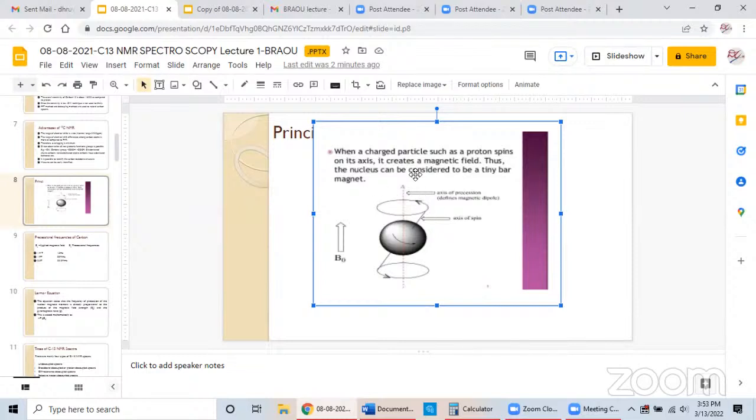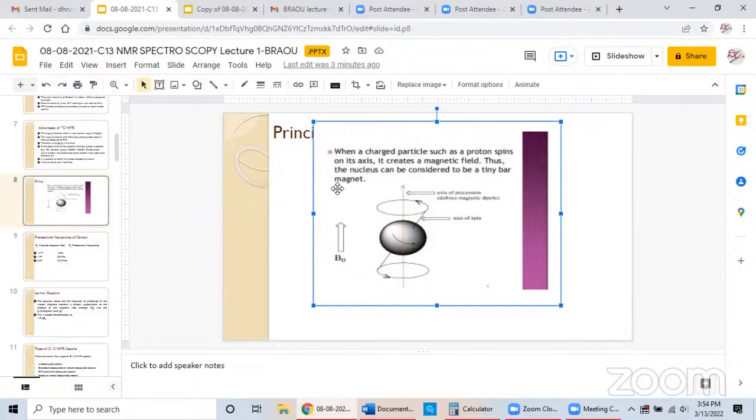When the precessional frequency comes to resonance with the radio frequency which we apply, then nuclear energy absorption occurs, and the nuclei get excited from the low energy state to the higher energy state, and that absorption is recorded in the form of an NMR spectrum. This is the most simplified version of the principle of proton and C13 NMR.